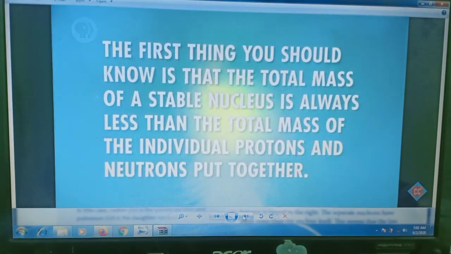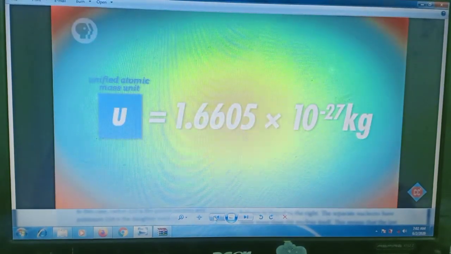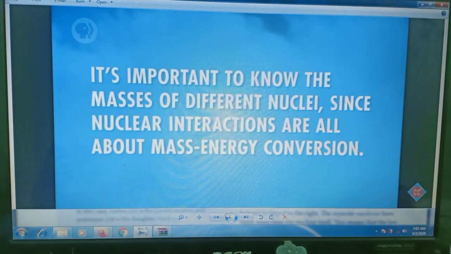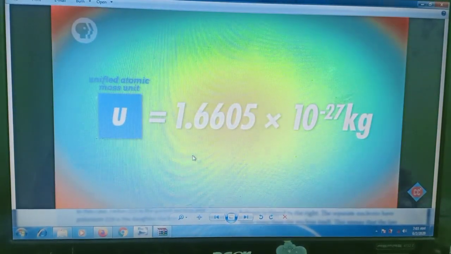But before that, I want to introduce this first. It's important to know the mass of different nuclei, since nuclear interactions are all about mass-energy conversion.